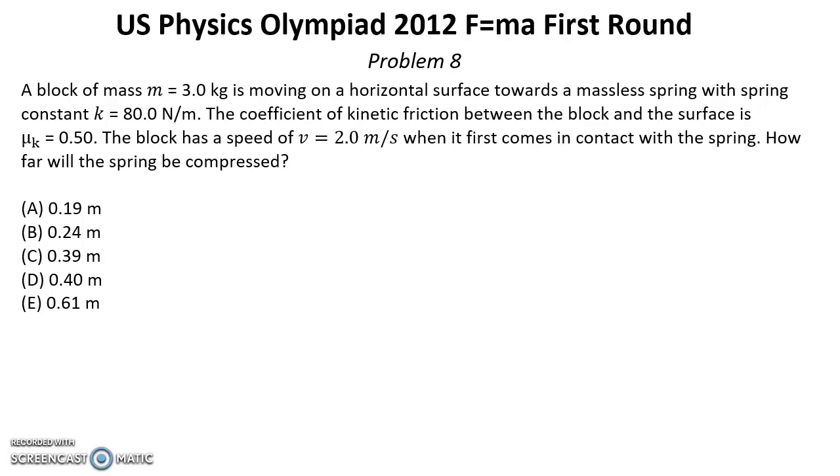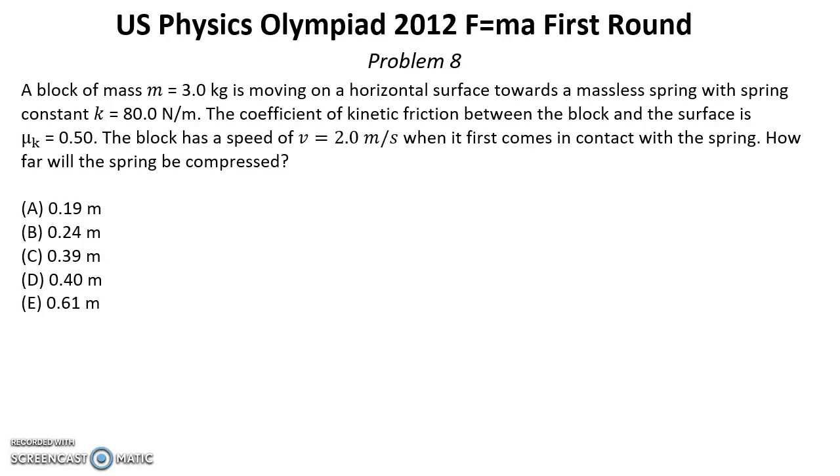Solution. Here we can use the work-energy theorem. It means that the initial energy, which is completely kinetic energy for this mass, turns into potential energy of the spring plus work done by the force of friction.